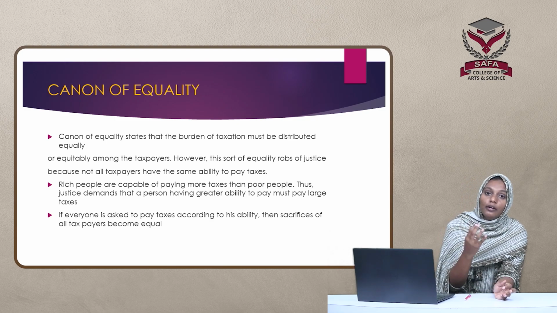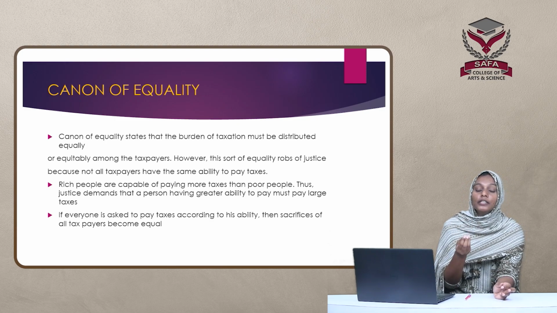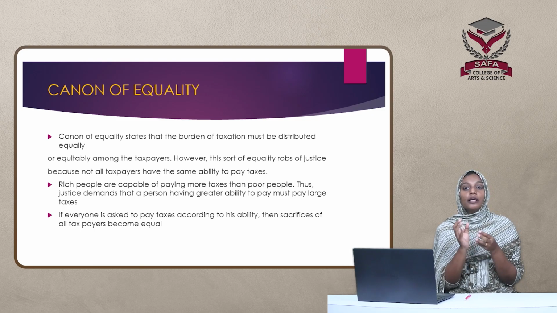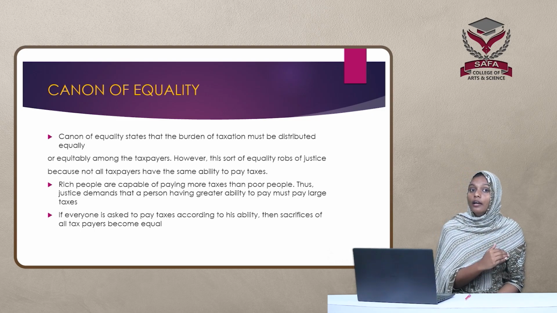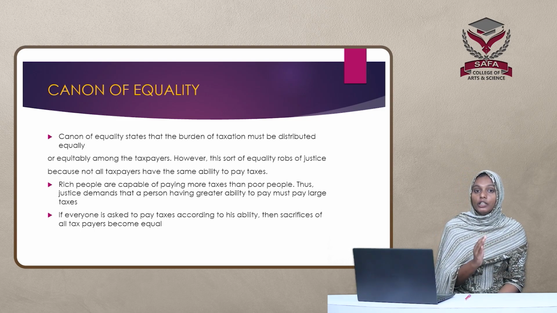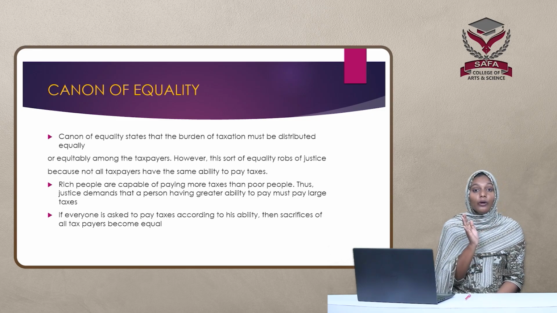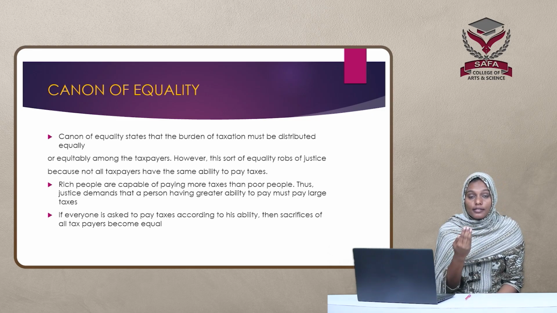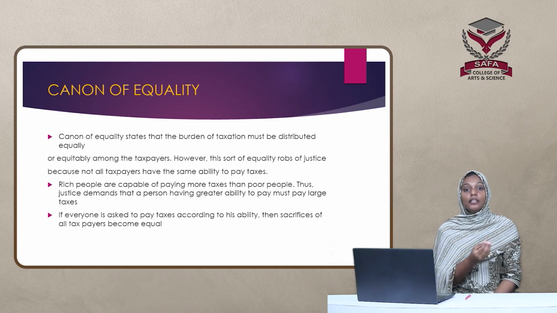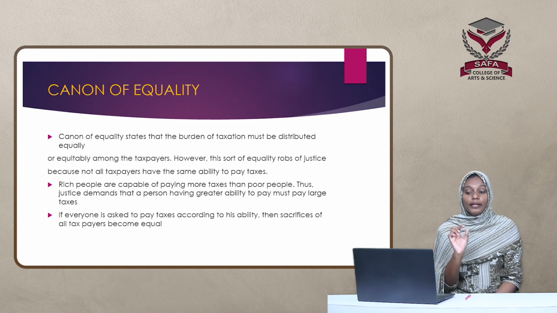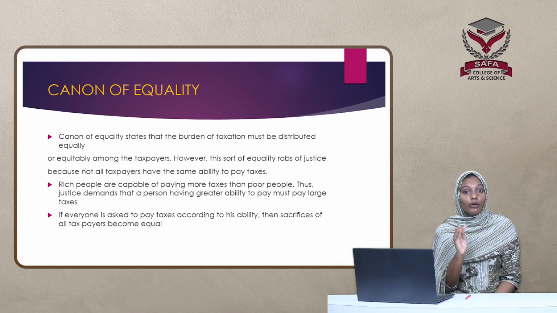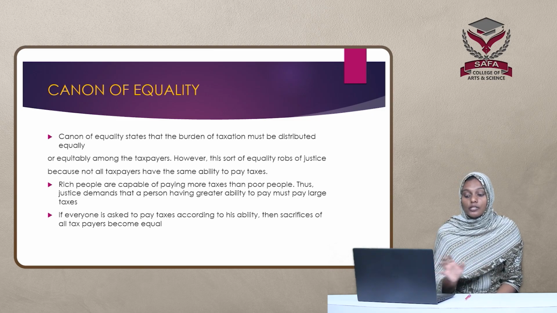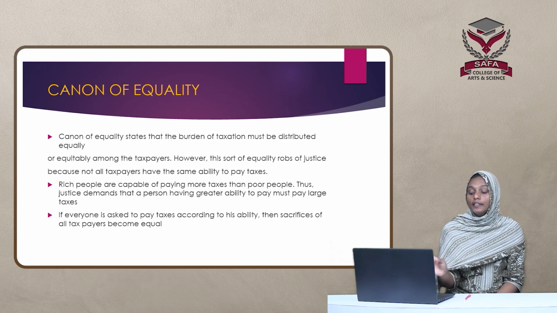So the government has to impose a high tax rate on the rich and a low tax rate on the poor, only then does it become equal. When the government decides to impose taxation, it must keep in mind the principle of equality. It is an important feature of taxation.